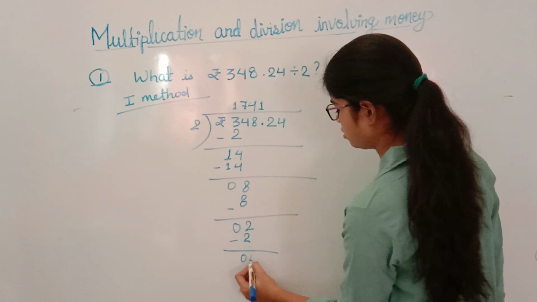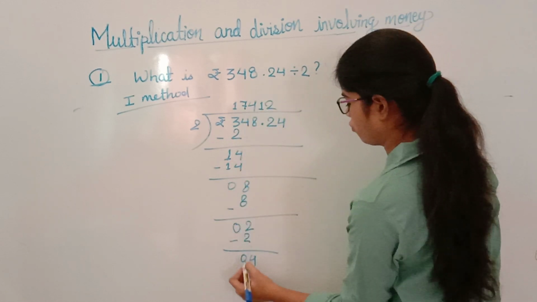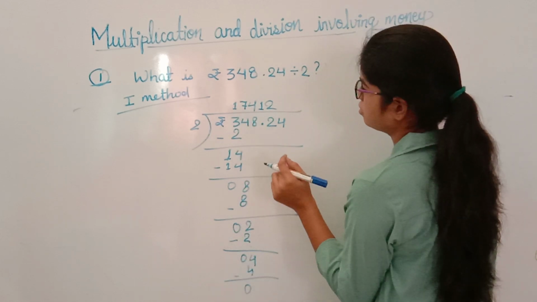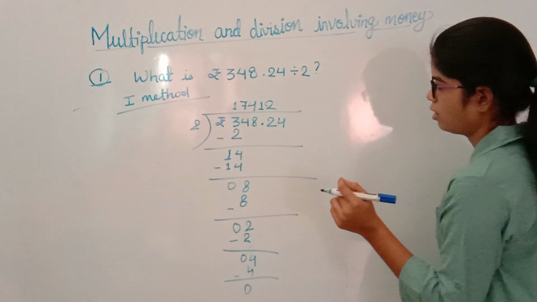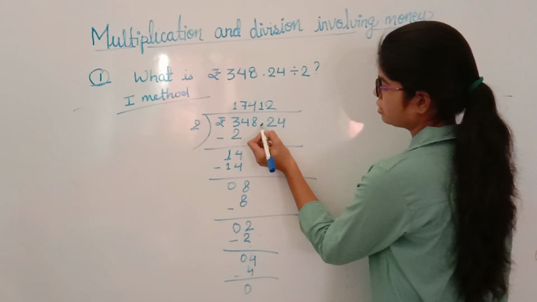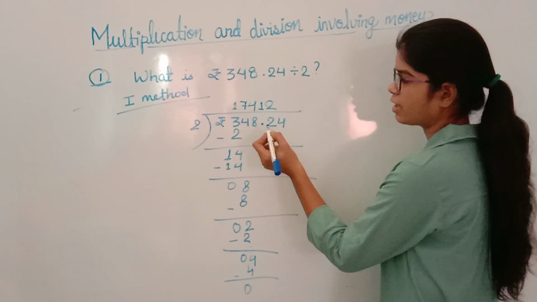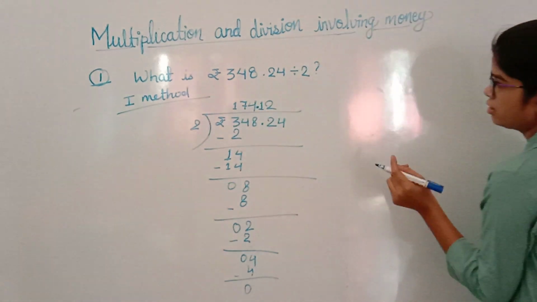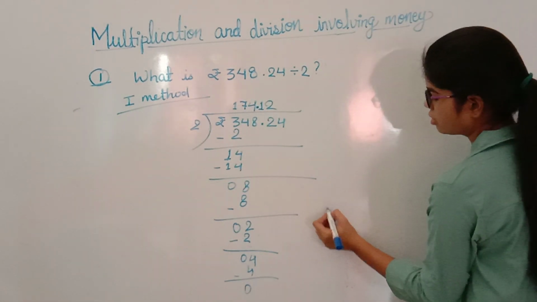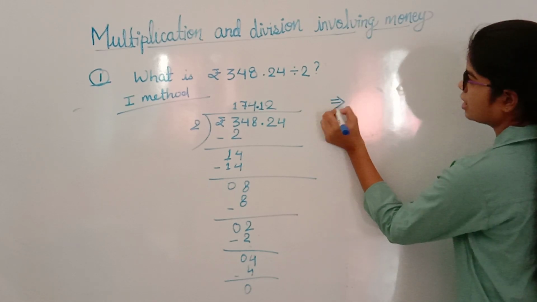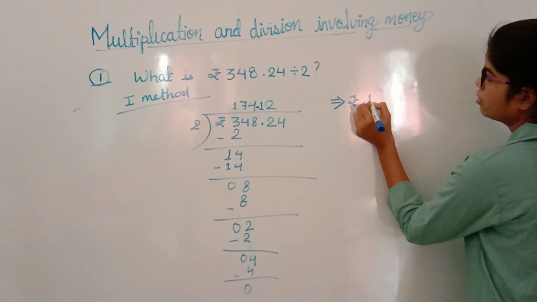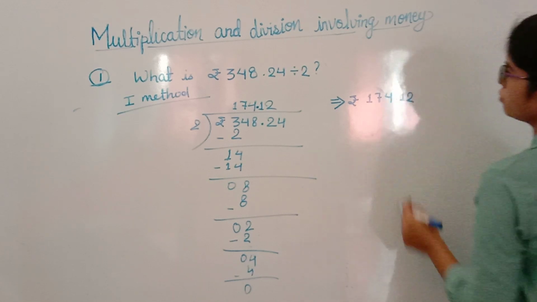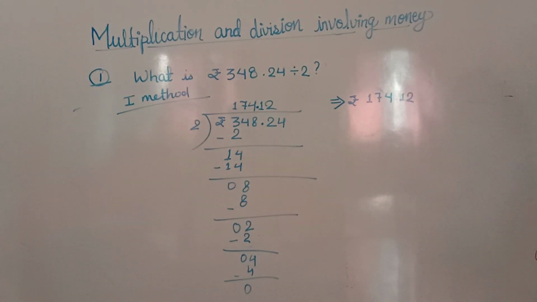Then 4 comes here. 2 2s are 4. Then the answer we got is 17,412. But in this question there is a decimal after 2 digits from the right, so we put a decimal here, 2 digits from the right, and got the answer rupees 174.12. So this is the first method.